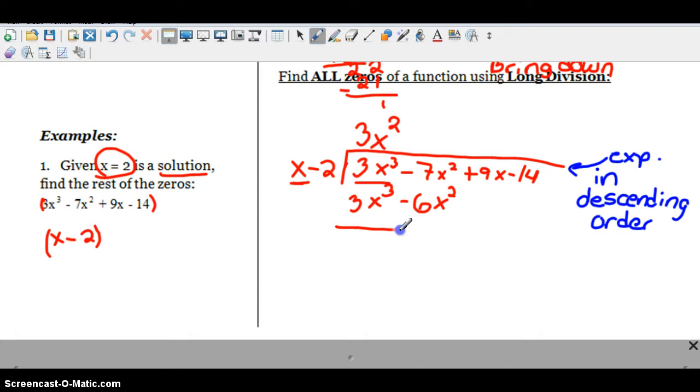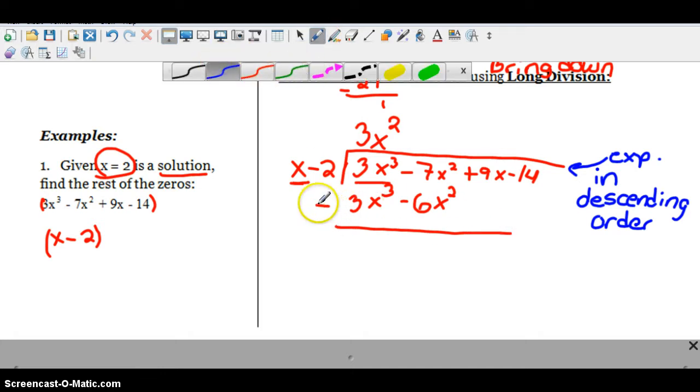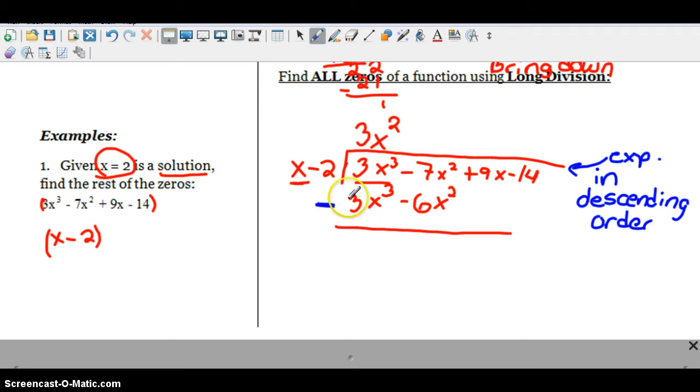Okay? Now here, another part where I'm going to write in blue. Important part. Subtract. If I subtract, that means that this subtraction sign has to apply to this first term and has to apply to the second term. So it is going to change this to a plus sign. Negative, negative makes a positive.